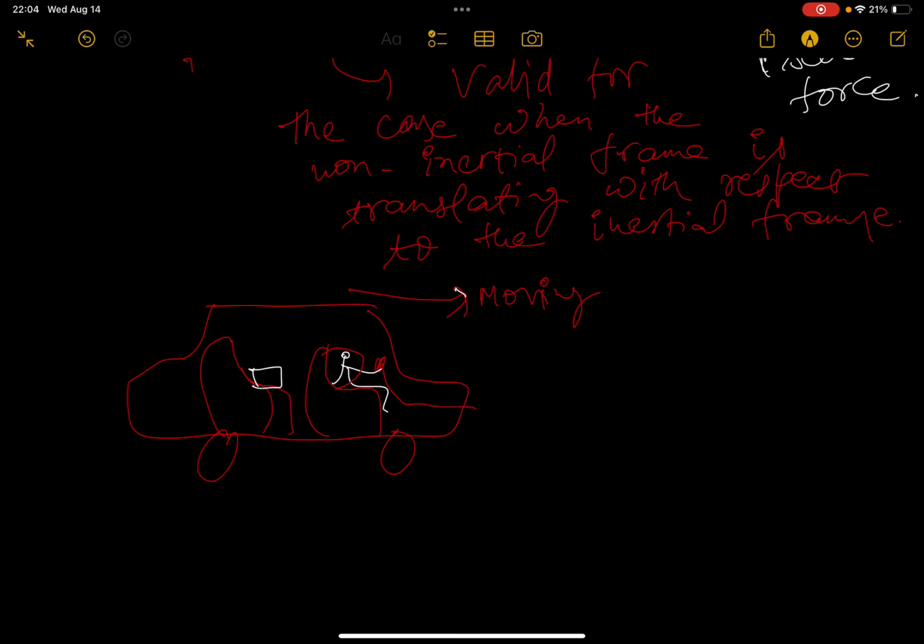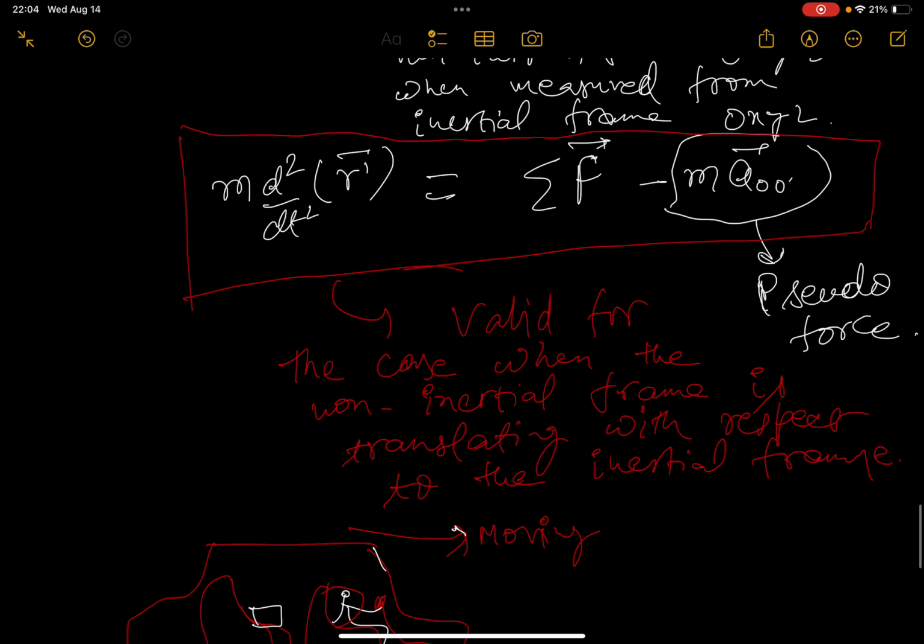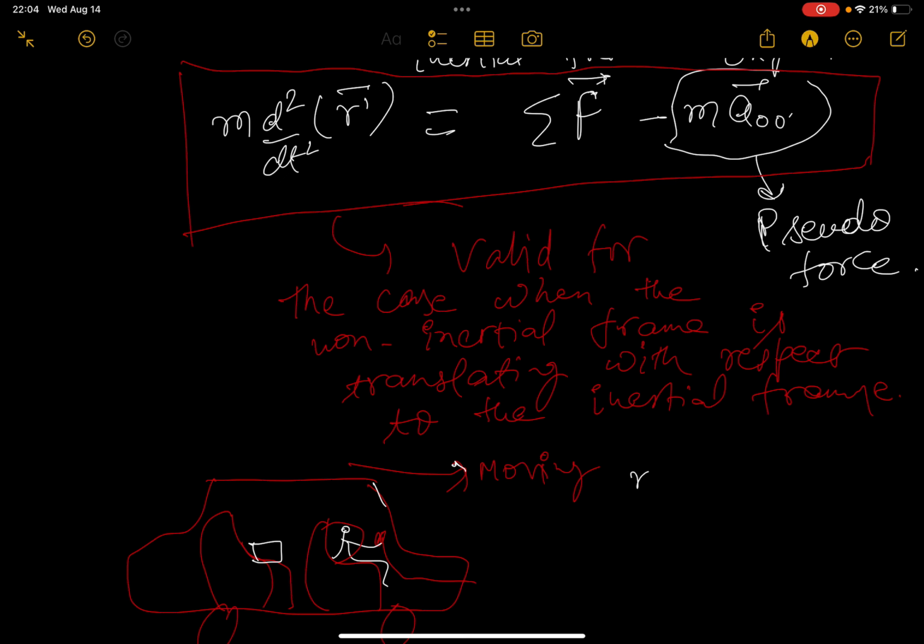So we already know that since we are applying the brake, when we are observing the book from inside the car, that frame is itself non-inertial. In that case, we'll apply the equivalent form of Newton's second law, that is this one: m d2 by dt square of r dash equals summation f, plus one more pseudo force m a o dash.